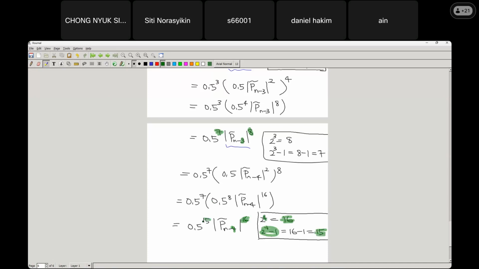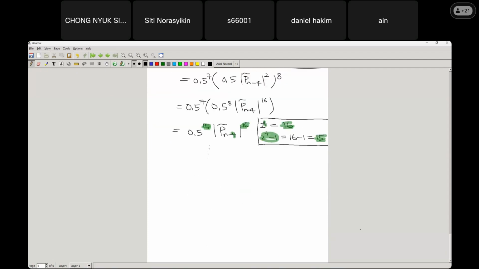So at the end, what are you going to do? Dot dot dot, until the last one, we want to write P tilde 0. That means I want to know what is my 0.5 power of something, times P0 tilde, and what is the power. I want to know what I'm going to fill in for the power here.